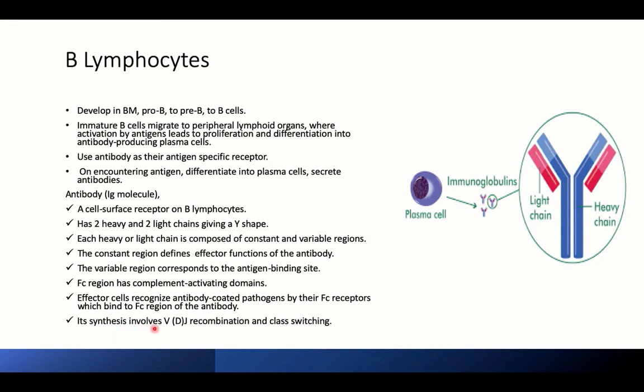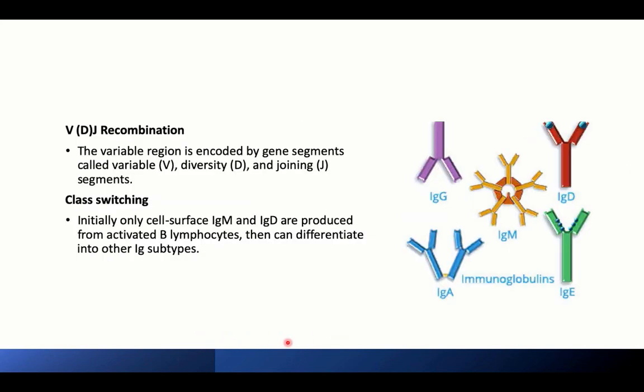The synthesis of the immunoglobulin has stages: stage 1, recombination, and stage 2, class switching. In VDJ recombination, the variable region of the antibody is encoded by gene segments called variable, diversity, and joining segments. So recombination of gene segments produces the variable region.